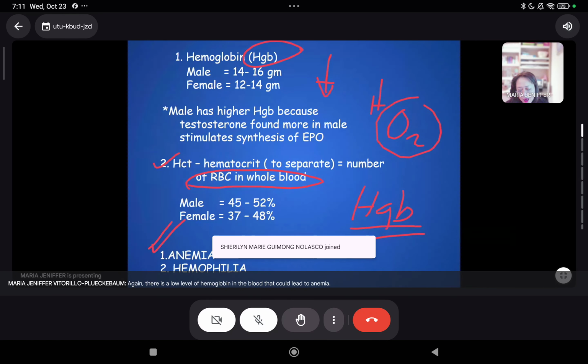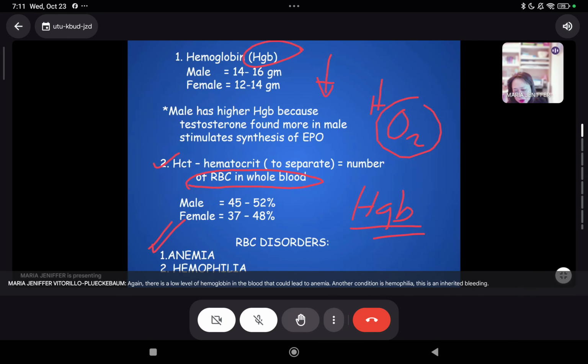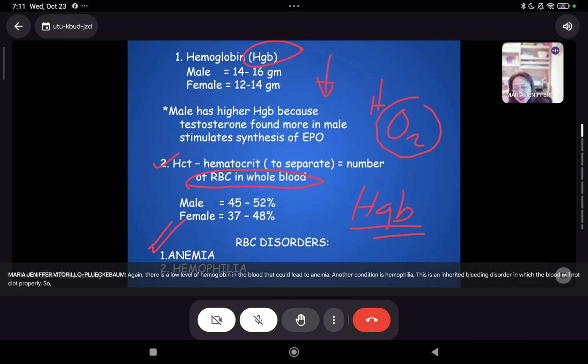Another condition is hemophilia. This is an inherited bleeding disorder in which the blood will not clot properly. So it has a problem with the clotting factors. This is caused by a mutation of one of the genes that provide instructions for making the clotting factors. So what happens here?